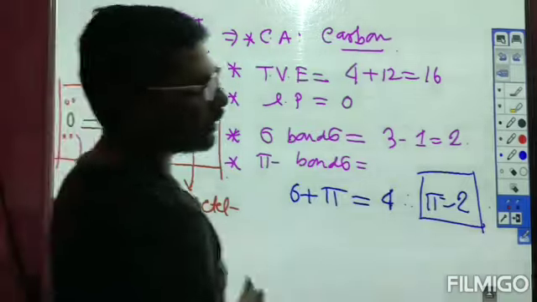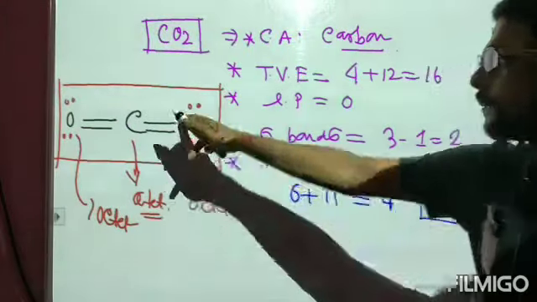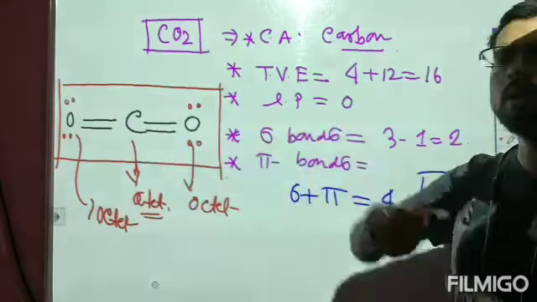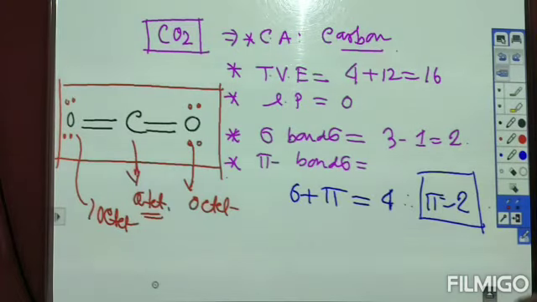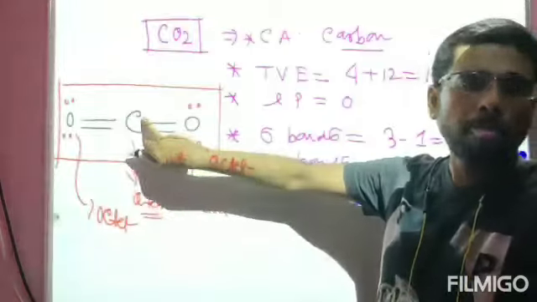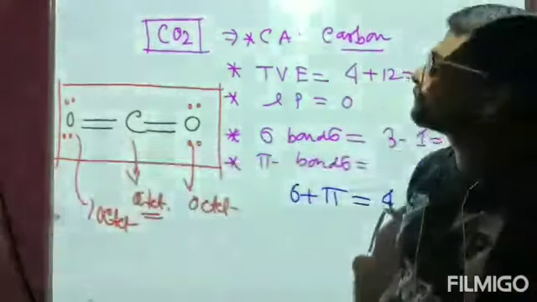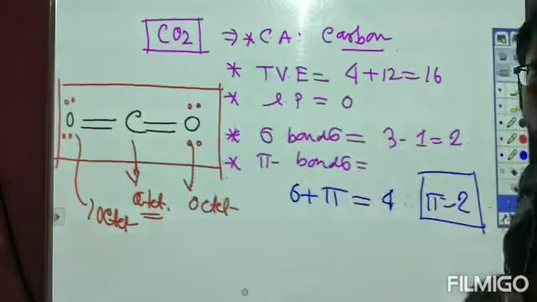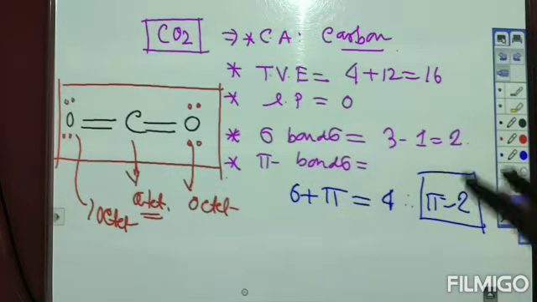Every element here satisfies the octet rule, meaning the total electrons surrounding the element are 8. This is the structure for carbon dioxide.